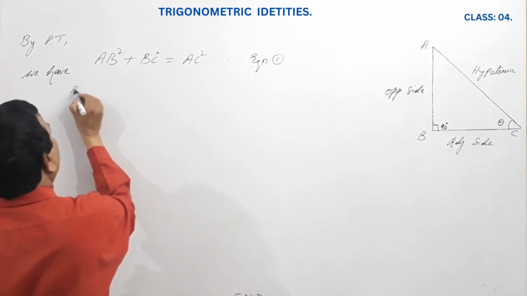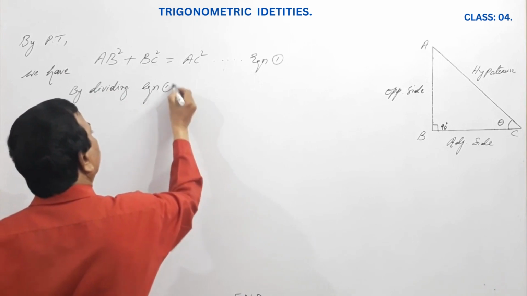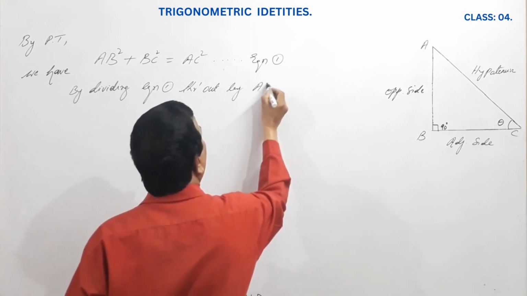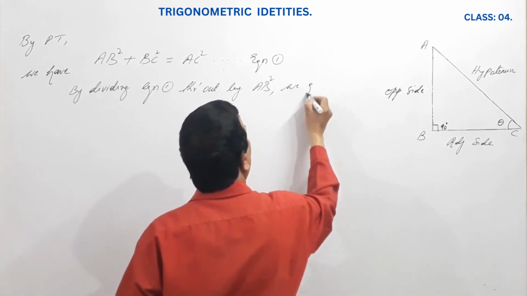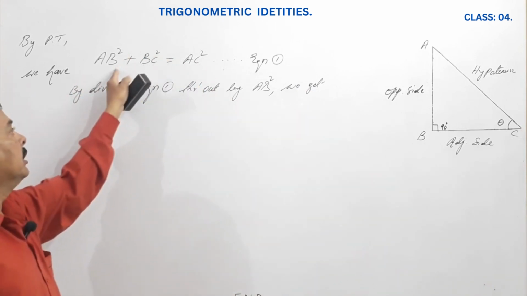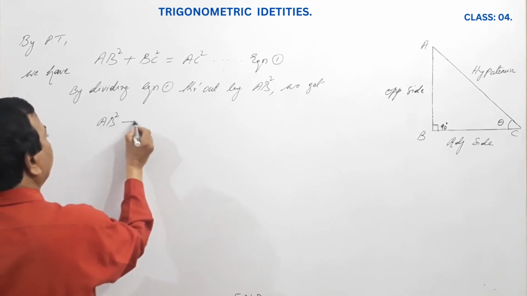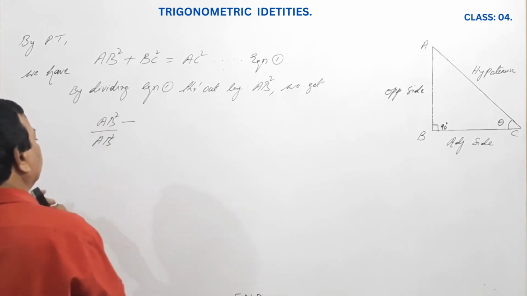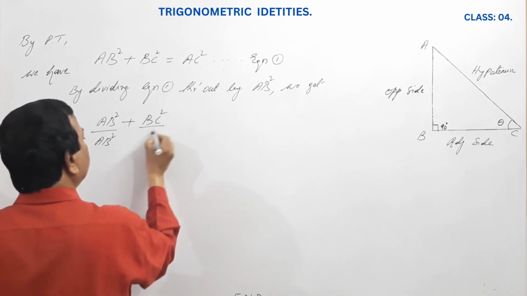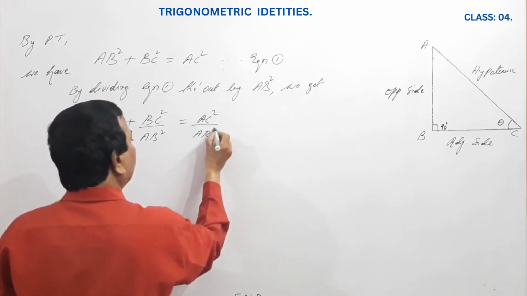So by dividing equation 1 throughout by AB square, we get AB square by AB square plus BC square by AB square equals AC square by AB square.